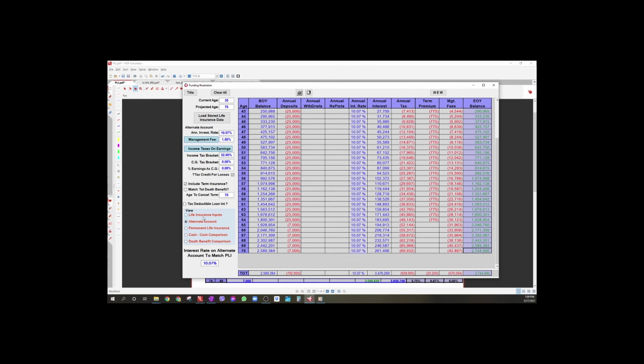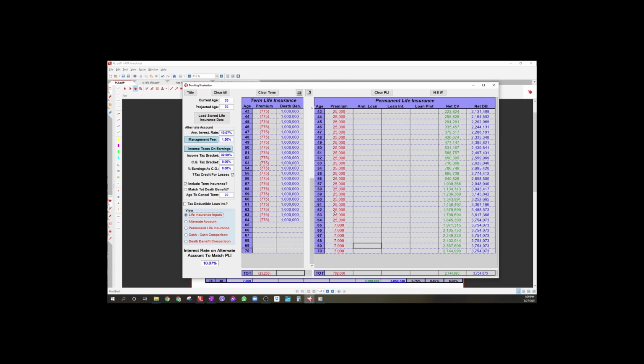Keep in mind, we ran this to the age of 70 to show $3.7 million of death benefit. What happens with the investor in the alternative investment? Well, they have the term insurance coverage for 30 years, and after that, at age 65, the coverage goes to zero.